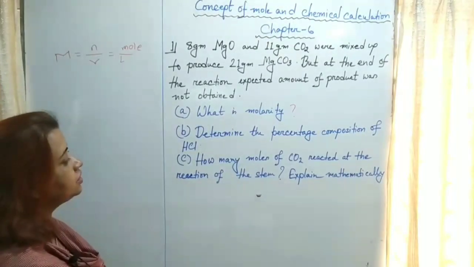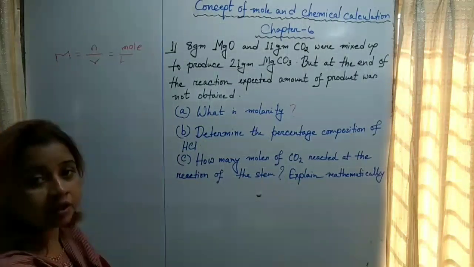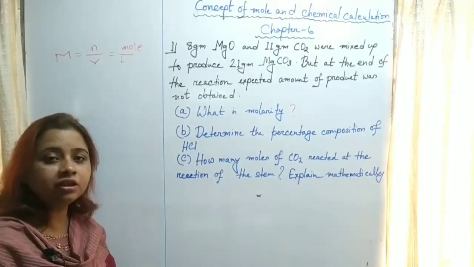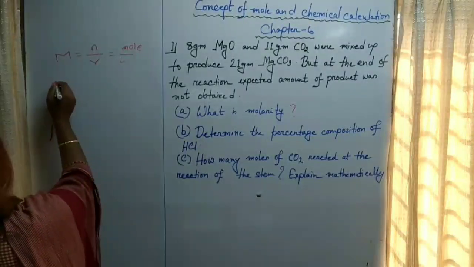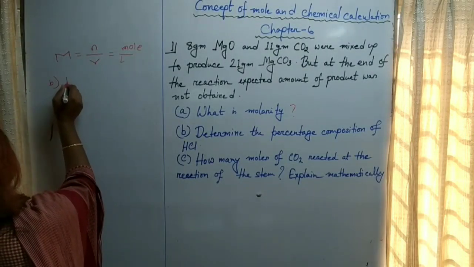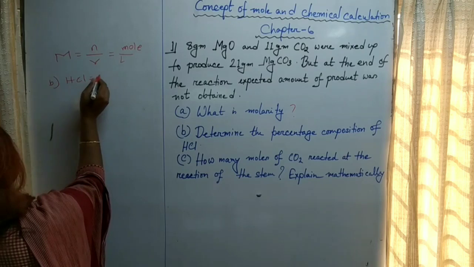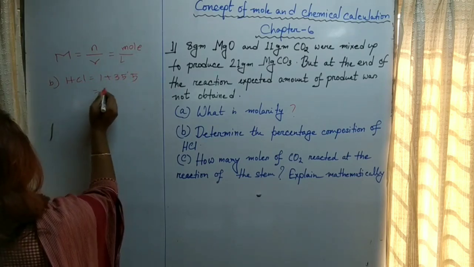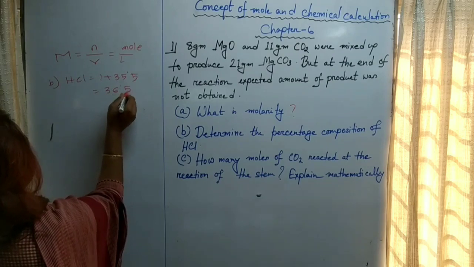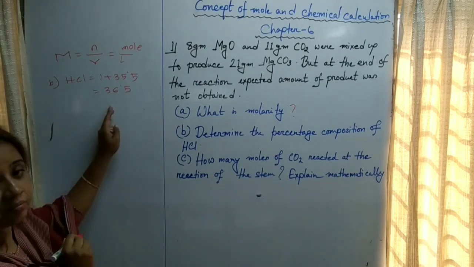Determine the percentage composition of HCl. You know that if you want to determine the percentage composition of HCl, at first you have to determine the molecular mass of the compound. The molecular mass of the compound is 36.5.